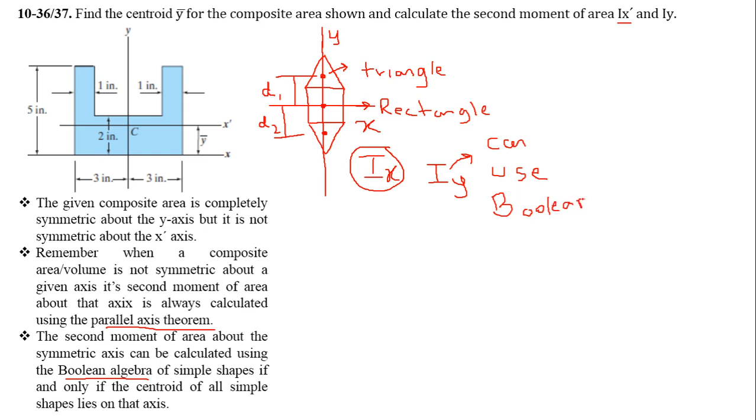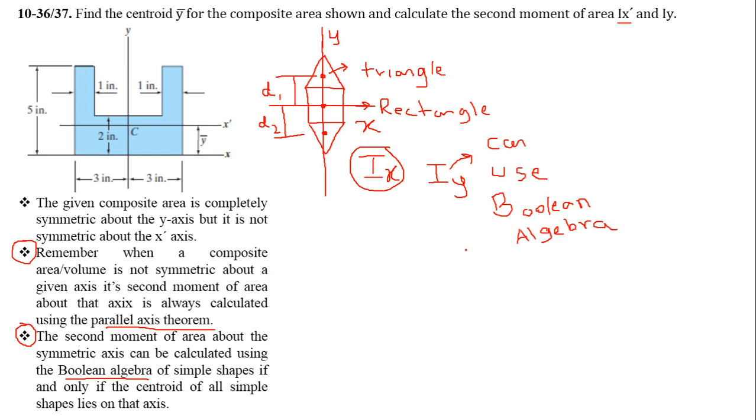So this is the condition that you have to keep in your mind while using the concept of Boolean algebra in calculating the second moment of areas. So these 2 points, point number 2 and point number 3, are very important. You have to remember that if a given cross-sectional area or volume is symmetric about a particular axis, then you can only use Boolean algebra if the centroids of all the constituent shapes lie on that axis.